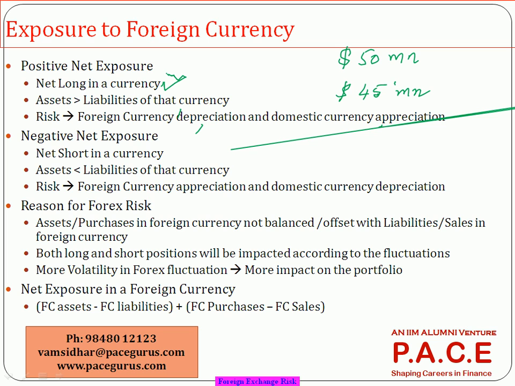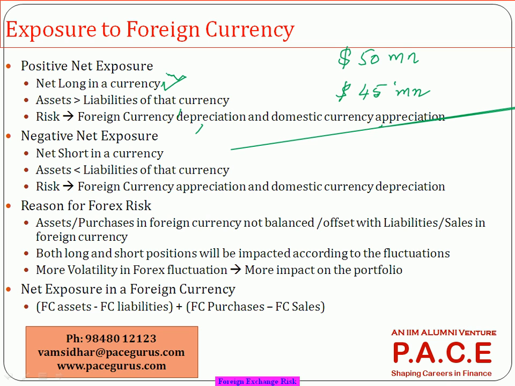So first thing we have to understand is for each of the foreign currencies, the way I have to look at the foreign exchange risk is, am I net long on it or net short on it? Right? Net long means probably foreign currency appreciation is more beneficial to me, domestic currency depreciation is more beneficial to me.